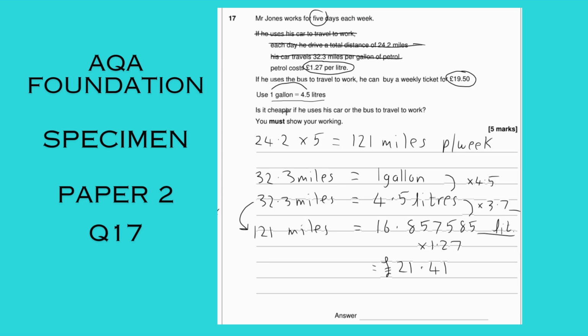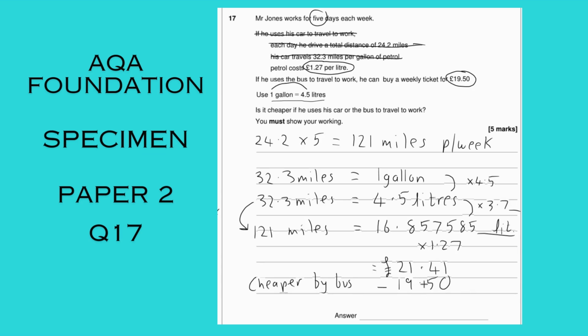Is it cheaper? As you can tell, definitely not cheaper to use his car. So we're saying it's cheaper by bus. Always state the obvious. Let's subtract the cost of a bus.